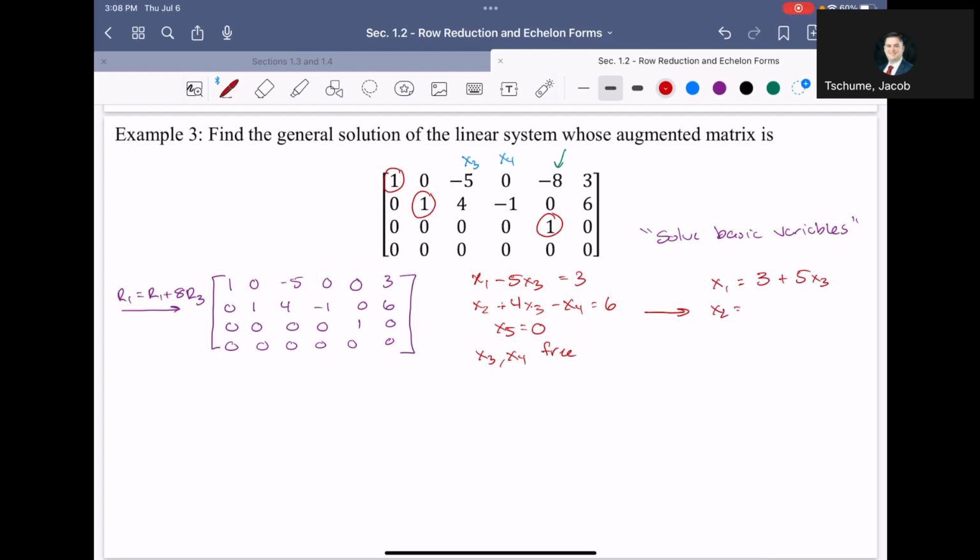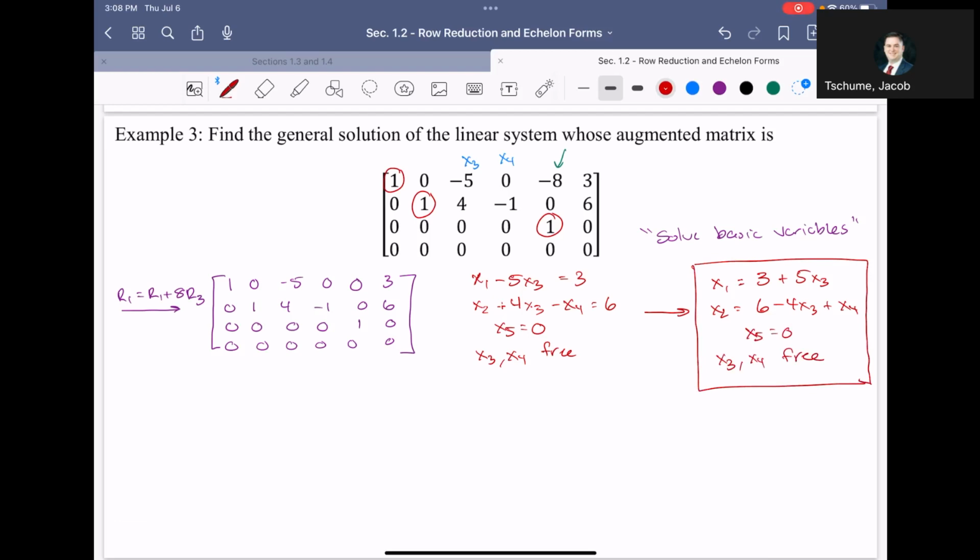So if you move everything over, you'll get 6 minus 4x3 plus x4. In the third equation, there's nothing you can do. That just says x5 is 0. And then your last statement says x3 and x4 are free, which for right now is your general solution of the system of equations.